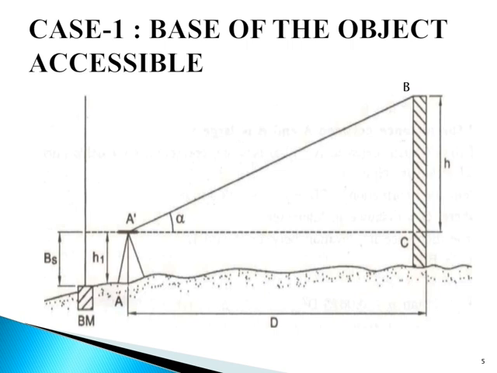Let us see what each and every term means. Here capital A is the instrument station, capital B is the point to be observed. Small h is the elevation of B from the instrument axis. Next, capital D at the bottom is the horizontal distance between A and the base of the object.